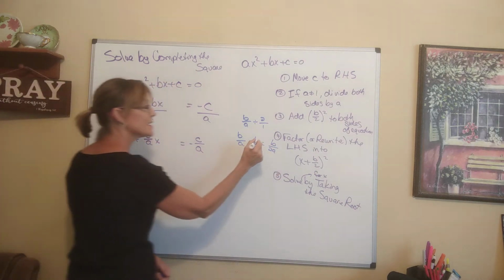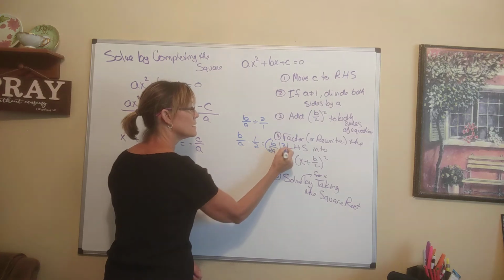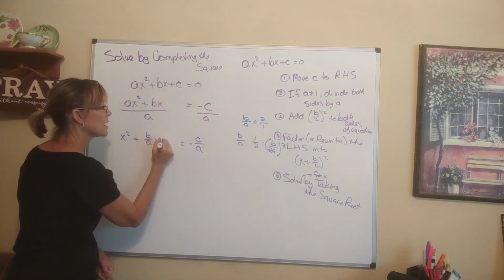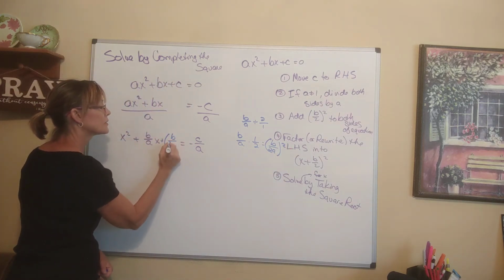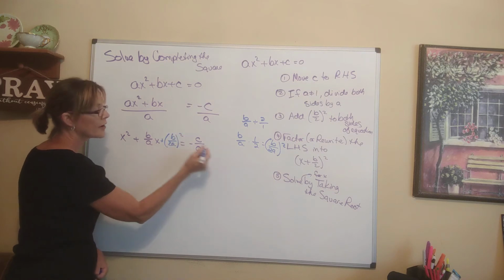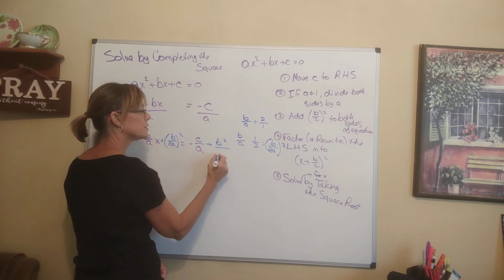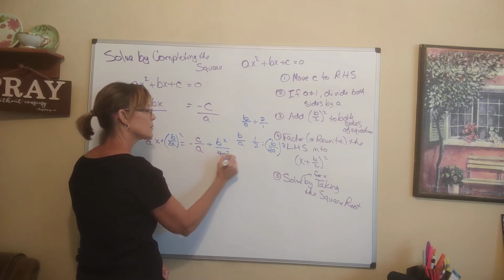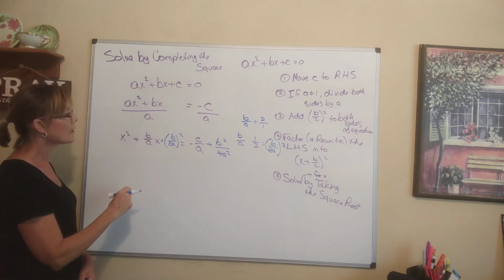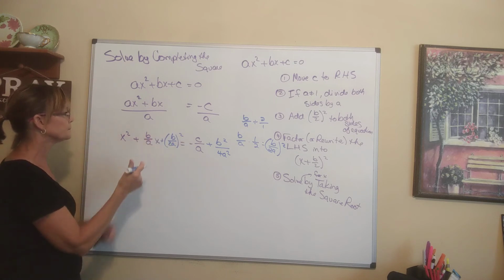So this squared is what I need to add to both sides, plus b over 2a squared. If I go ahead and square that, that's going to be b squared, 2a times 2a is 4a squared when I square down there.